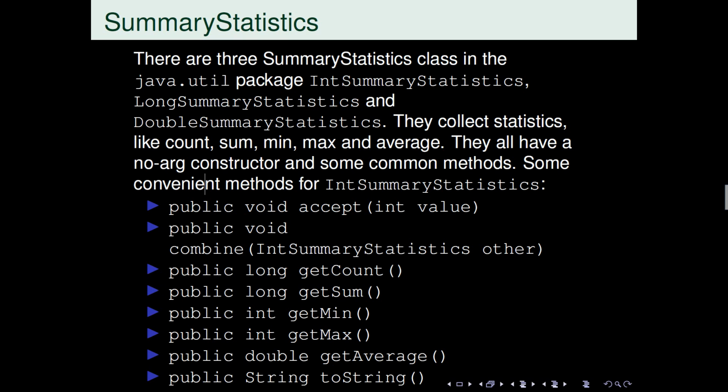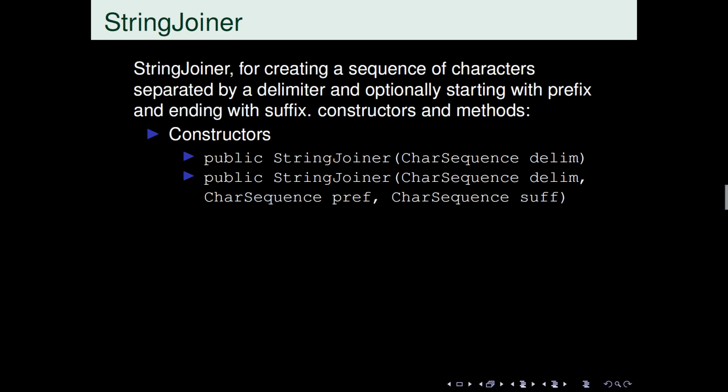I have shown for IntSummaryStatistics the accept method. We have a method called combine to combine with another IntSummaryStatistics. getCount, getSum, getMin, getMax, getAverage, and there's a toString. It's a nice toString. Okay, and so this is what is summary statistics.